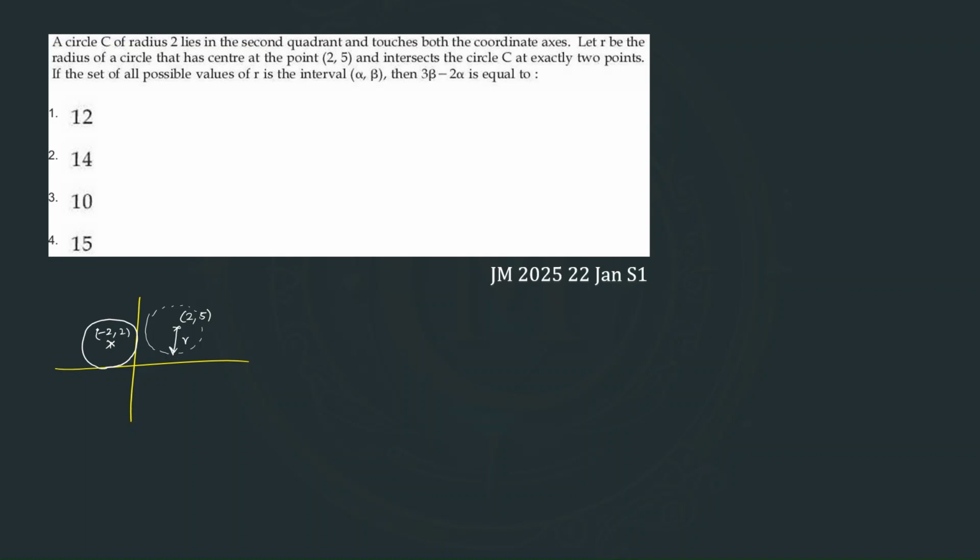this circle intersects this given circle C at exactly 2 points. Now what is the concept here? Let us understand the concept first. So if we have, let's say, two circles like this, it is C1 and it is C2, let's say.